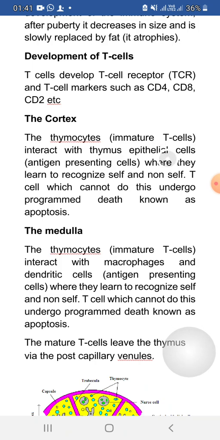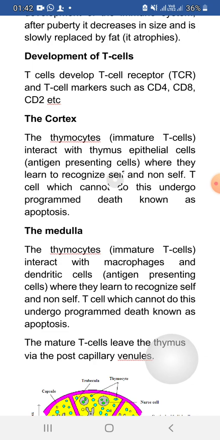What happens here is that the antigen presenting cells, in the cortex just thymic epithelial cells, will present antigens to these developing thymocytes. There are thymocytes which will recognize that these are foreign substances and these are body cells.